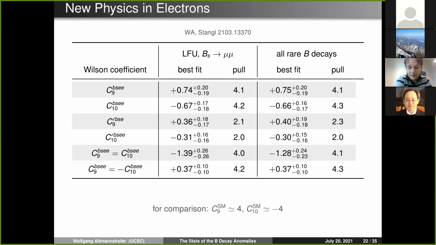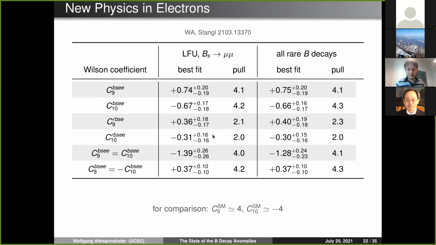And that is simply due to the fact that in all those scenarios, one can explain RK and RK*. These are these 3 bins, these 3 measurements: the RK measurement 3 sigma away, and then the RK* measurements, both 2.5 sigma away. So if you combine that in this context of a global fit, you get this more than 4 sigma pulls in those new physics scenarios.